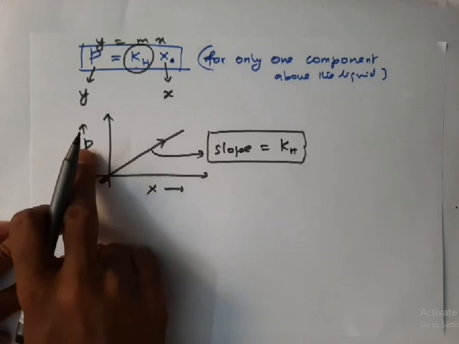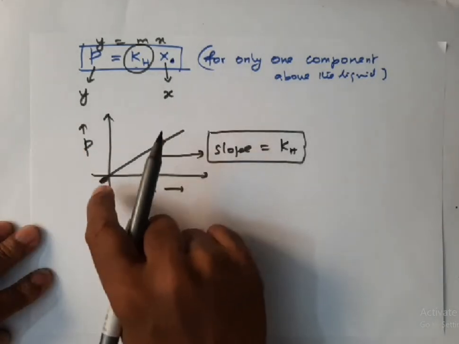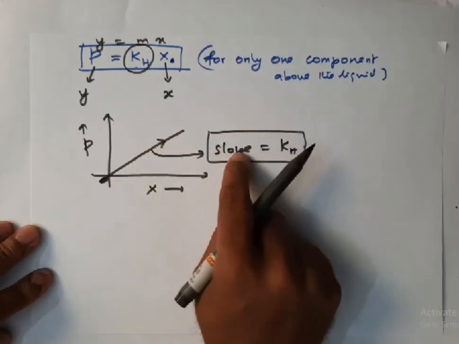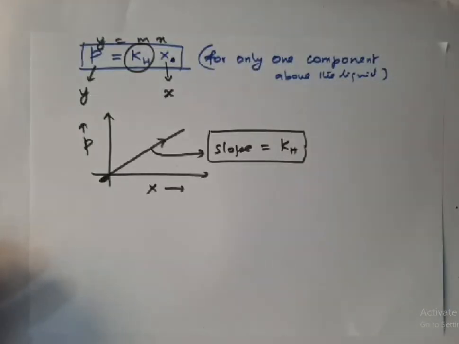If you know the partial pressure and the mole fraction, you just plot a graph and you will get a straight line. Find the slope of the straight line. That slope is equal to Henry's law constant. Students, is this clear? Any doubt here?